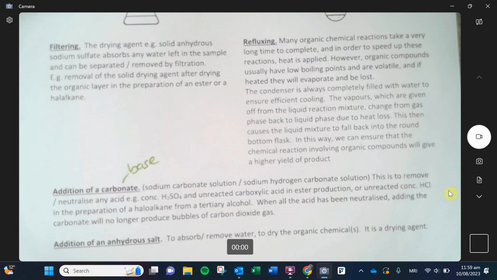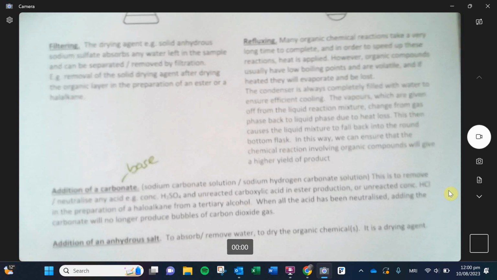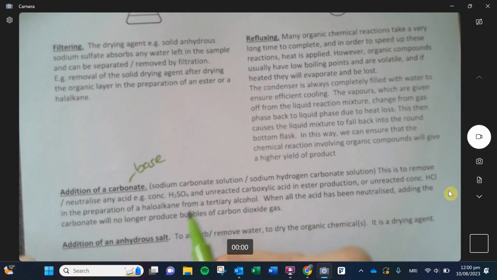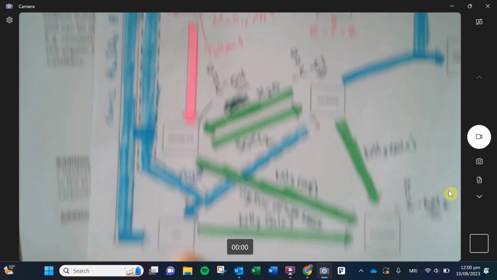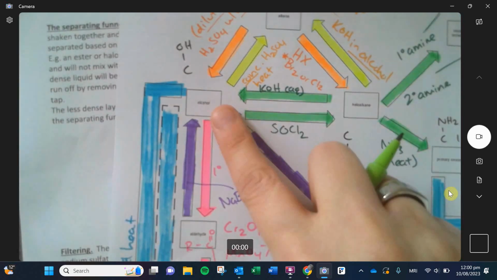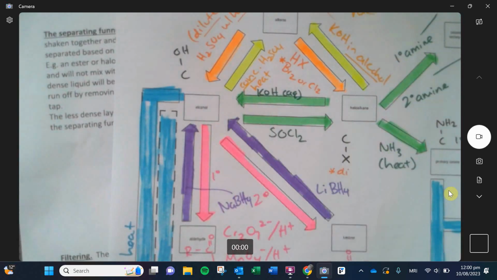In particular, the things that we're going to want to neutralize in organic chemistry would be things like concentrated sulfuric acid, because we often use that as a catalyst. So say, for example, if I'm trying to make an ester, I would be taking a carboxylic acid and an alcohol and putting them together.